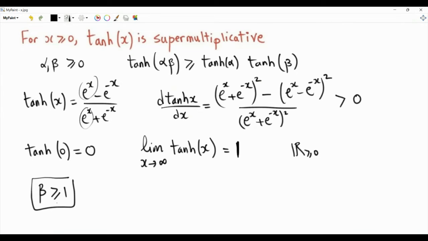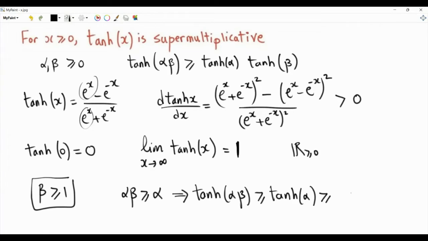If beta is greater than or equal to 1, then alpha beta is greater than or equal to alpha. Now, because the tanh is strictly increasing, if we apply tanh to both sides of this inequality, then tanh of alpha beta is greater than or equal to tanh of alpha.